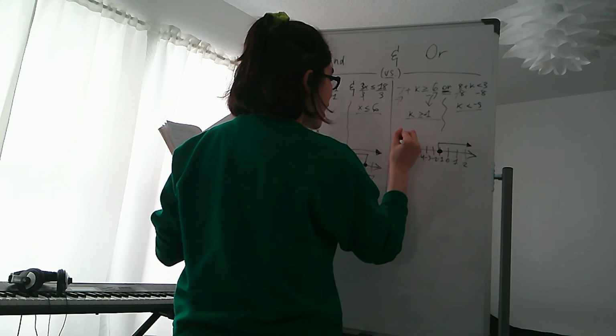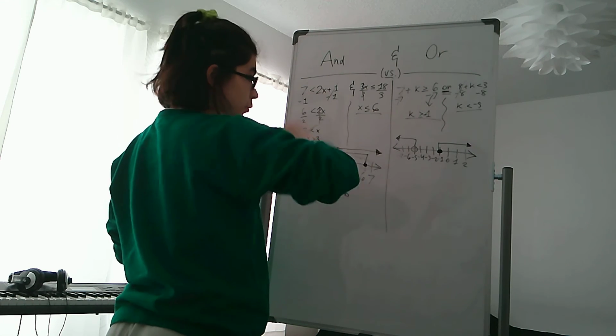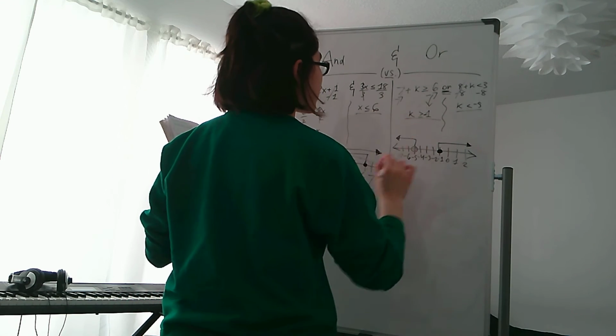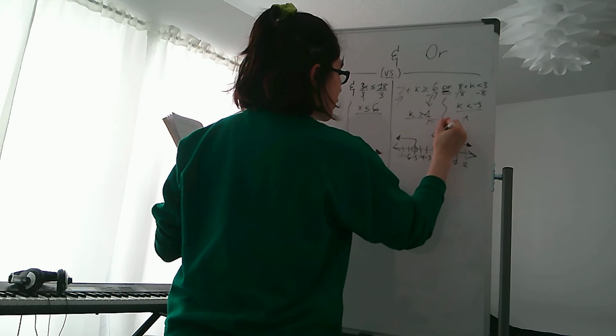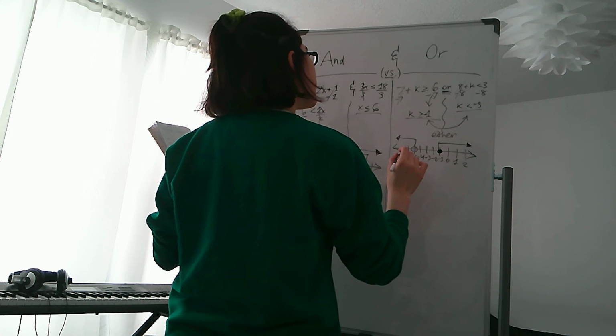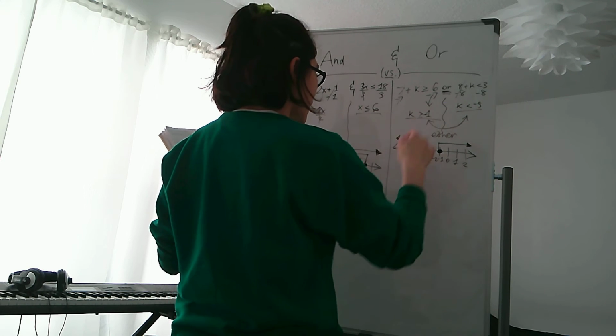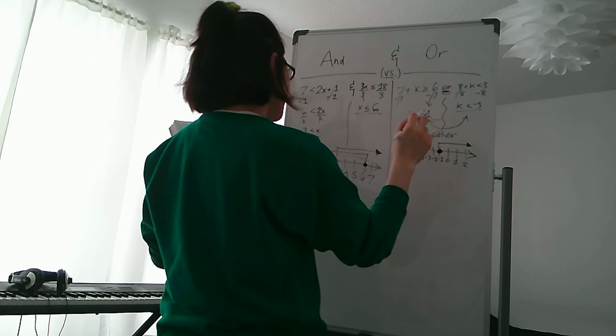So you see, unlike over here, they do not intersect. They go in different directions, right? So it's either k is less than -5 or k is greater than -1, right?